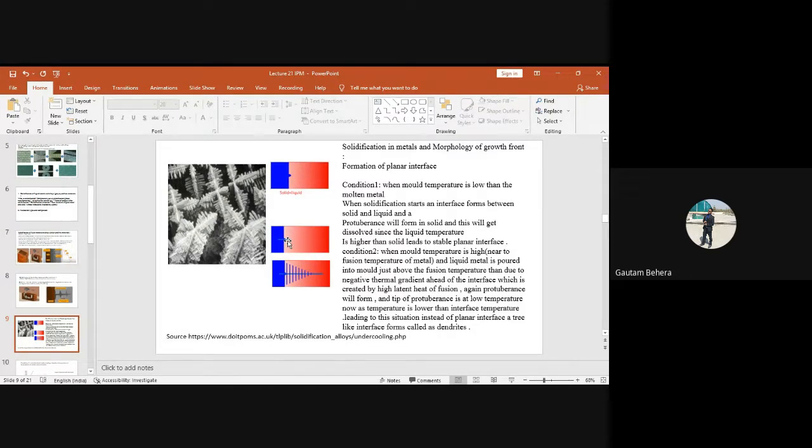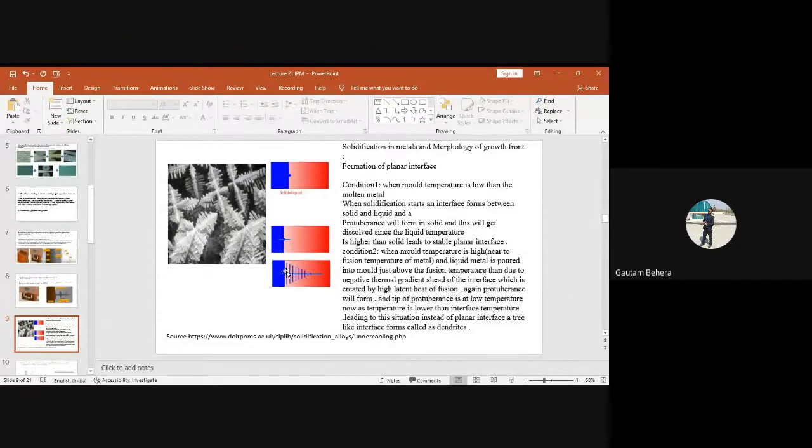It can now grow in that particular direction. But in the first case, the protuberance was dissolved because the liquid temperature was very high. But now the tip of this protuberance has a low temperature, right? Due to this negative thermal gradient, due to this high latent heat of fusion, it can easily grow.